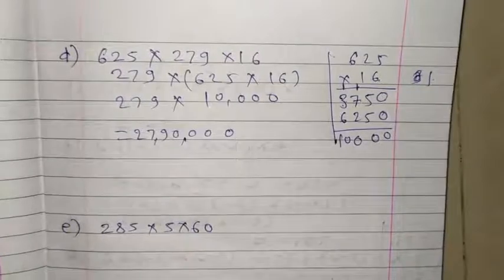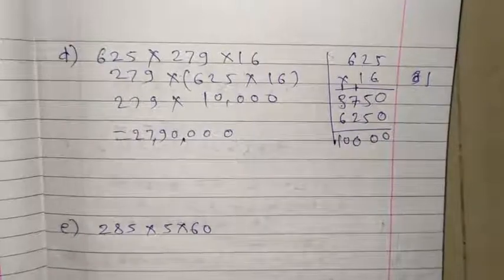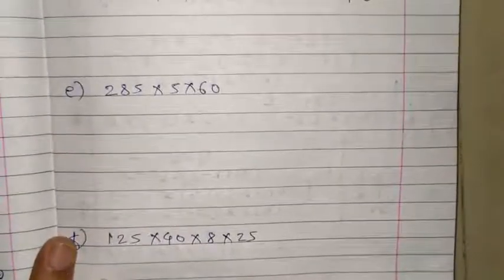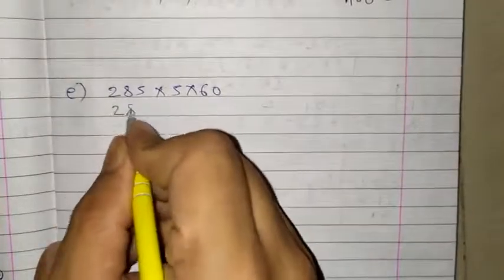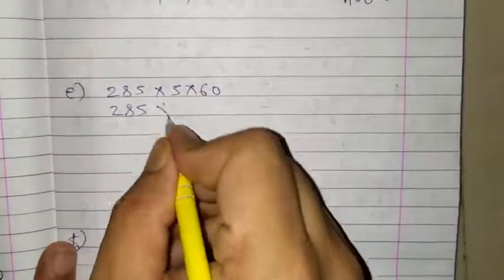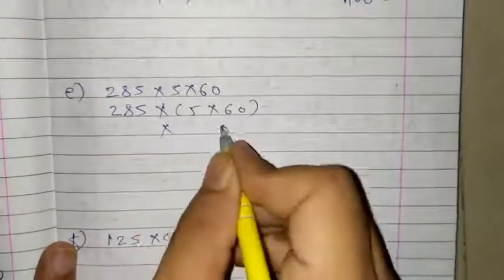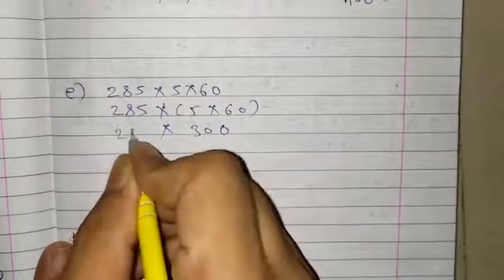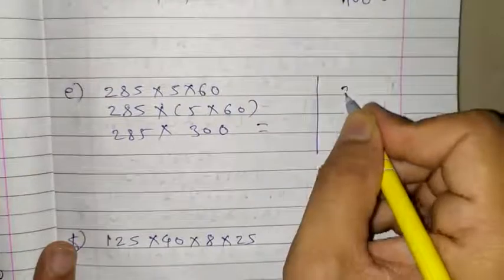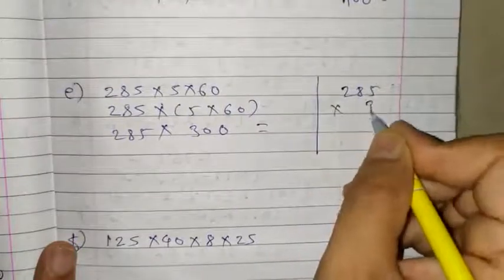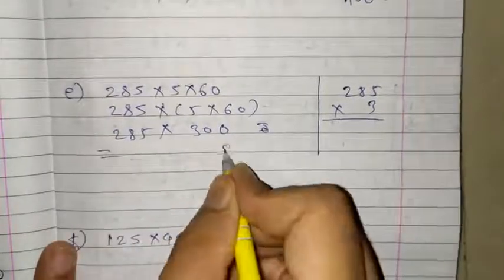So you observe, even though three numbers are there, 3 digit numbers, we did it very easily. Now we are in the next question, E. So here 5 into 0 is 0. So 285 write as it is and make a group of 5 and 60. So here 0 as it is, 6 into 5 is 30. 285. Finally you do their calculation. 285 into 3, because 00 I am writing as it is.